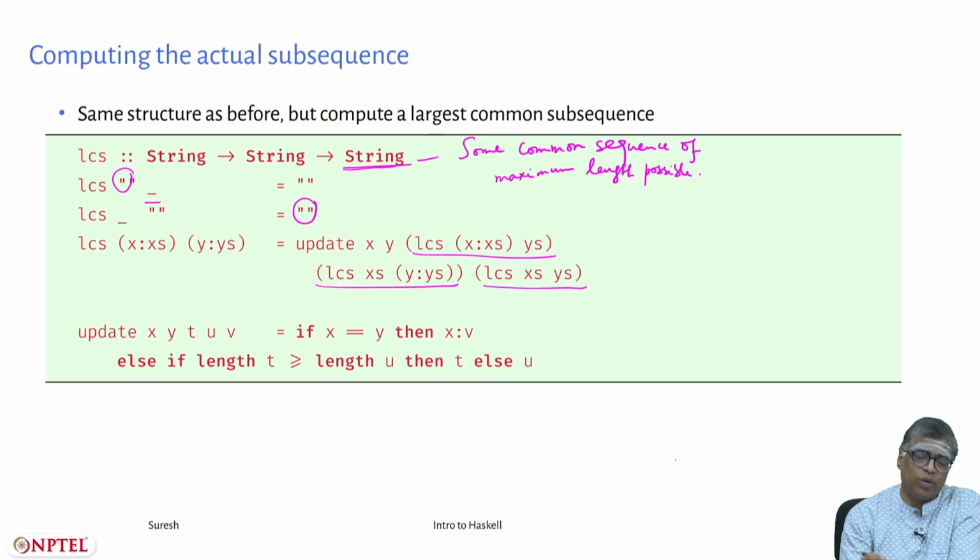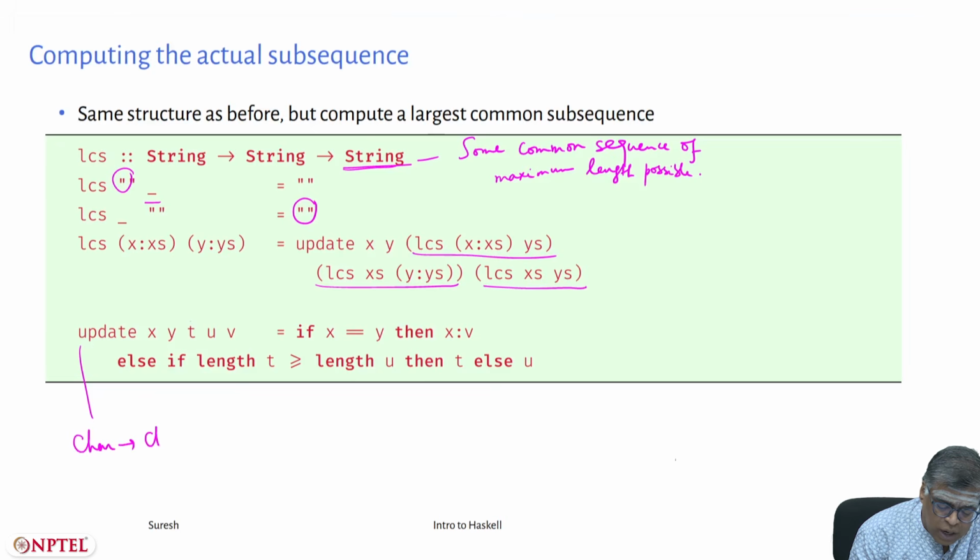But here what we do is update x y t u v, where t, u, v are all strings. So, now in this case update is of type char arrow string arrow string arrow string arrow string.